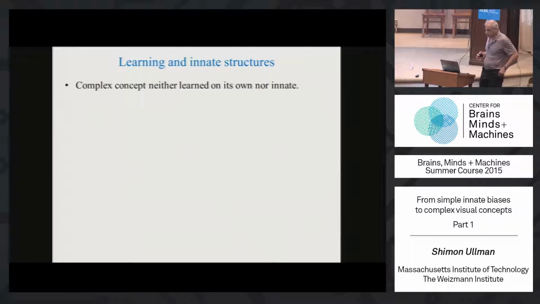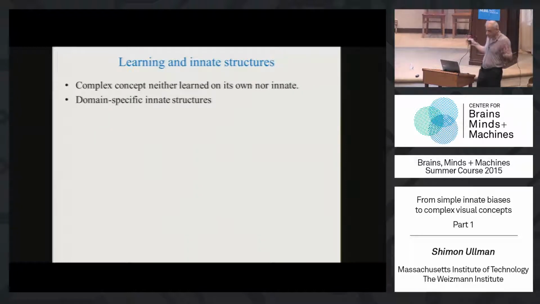In these examples, in an interesting way, I think that complex concepts were neither learned on their own nor innate. For example, we didn't have an innate hand detector, but it also couldn't emerge in a purely empiricist way. We had enough structure inside that would not be the final solution, but would be the right guidance or infrastructure to make learning possible.